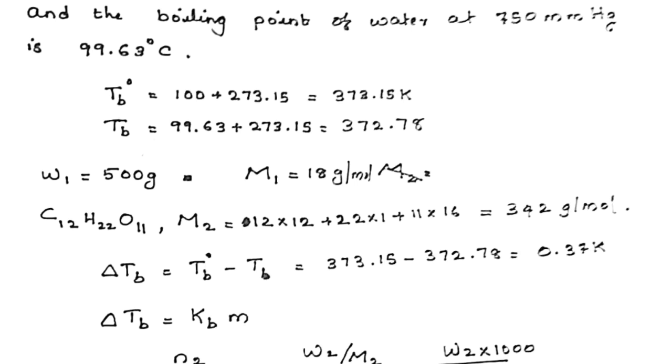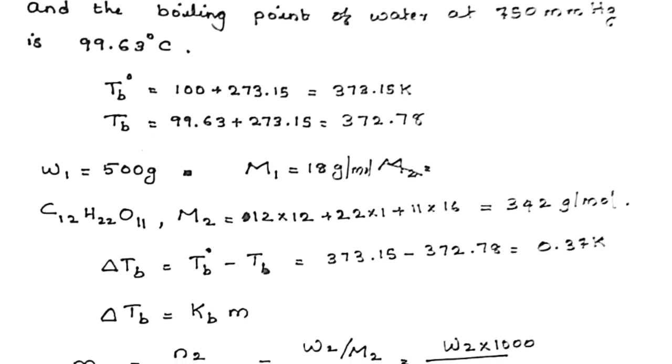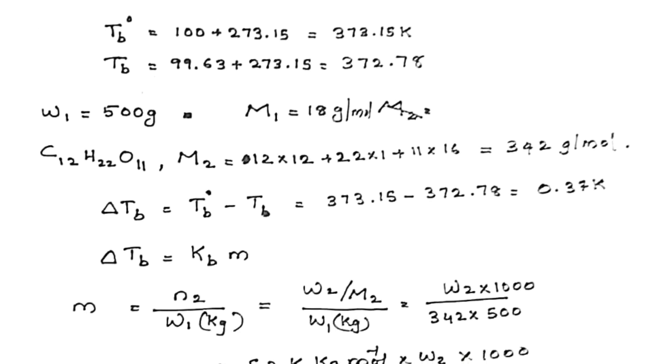Two of them are given, so simply substituting, you are getting 372.78 minus 373.15, the magnitude is 0.37 Kelvin. And we know that delta TB is equal to KB into molality, and molality is nothing but the number of moles of solute divided by the mass of solvent in kilogram.